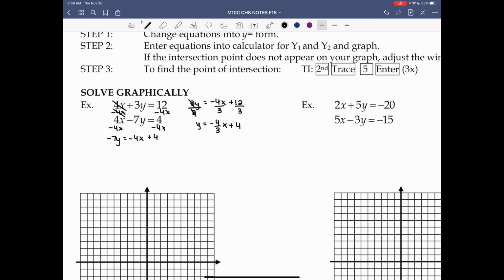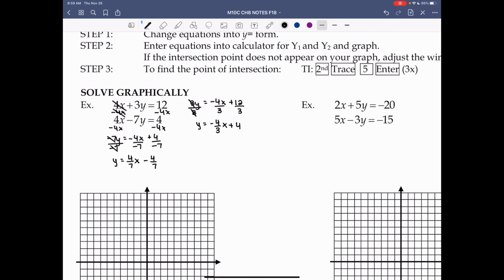We want 1y, so we're going to have to divide all of our terms by negative 7. Negative 7 divided by negative 7 is 1. We get y equals, we have negative 4 divided by negative 7. Negative divided by a negative is a positive, so we get 4 over 7x, and then we have 4 divided by negative 7, which becomes minus 4 over 7.